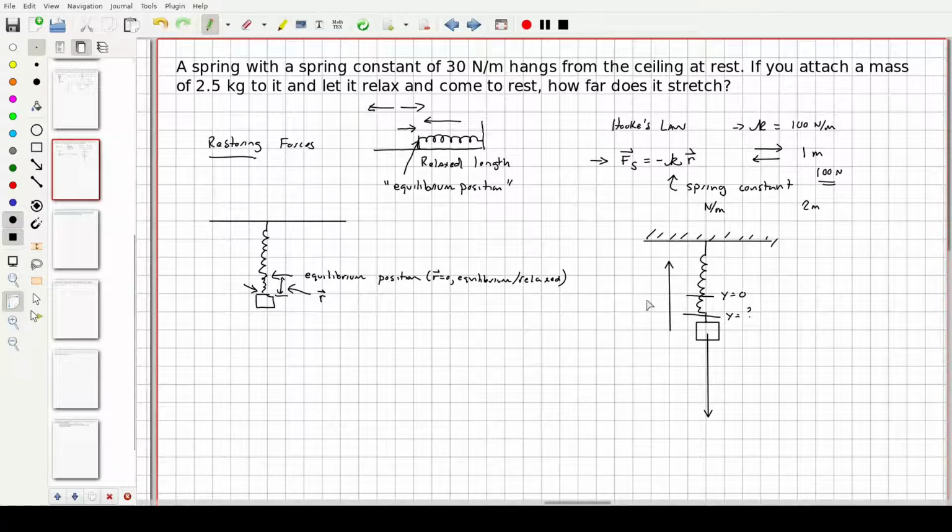So we have a spring force, and we have the force due to gravity. Now, if we let it relax and come to rest, what that means is that when we look at the external forces here, when we add up all the forces that are acting on the mass, we should get 0. So to show that, let's draw a force diagram.